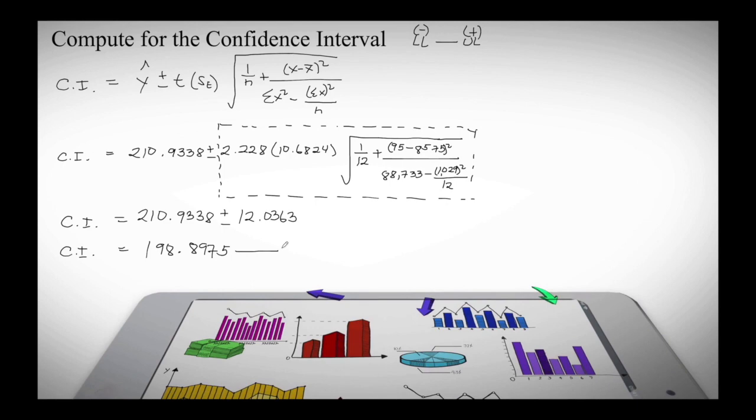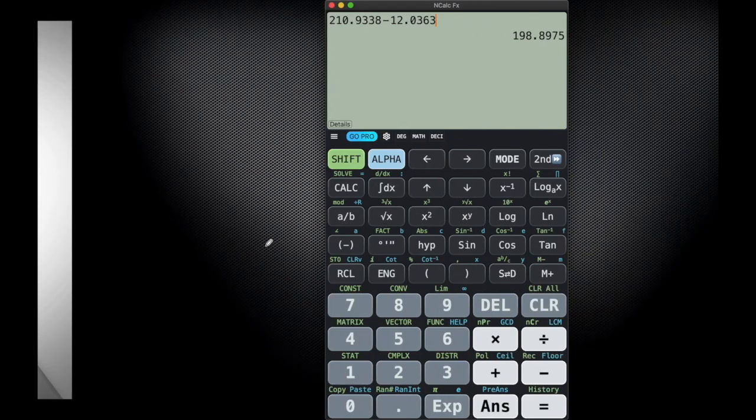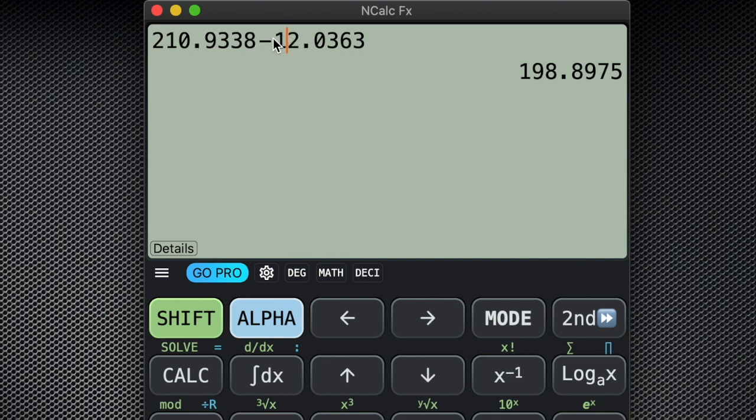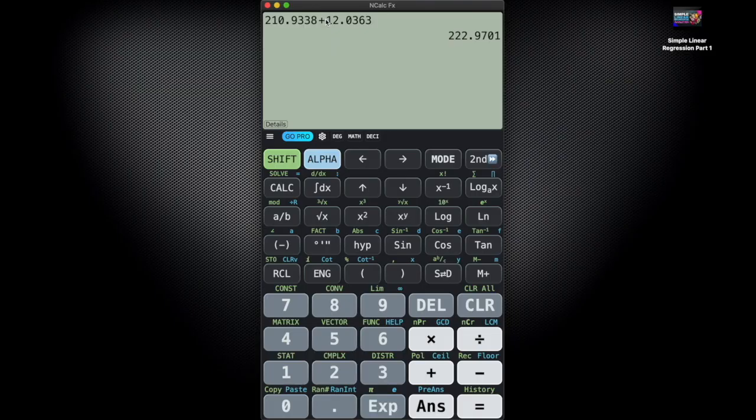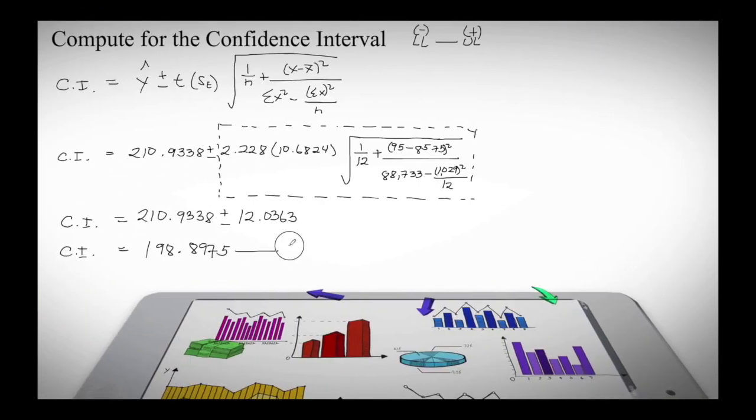Up to our upper limit, papalitan lang natin yung minus sign ng plus sign. So, let's have it here. No, change natin ito. Maging plus. 222.9701. So, ayan yung upper limit natin. 222.9701. Oh, 0.9701. Ayan, nagkakamali pa ako na sulat.